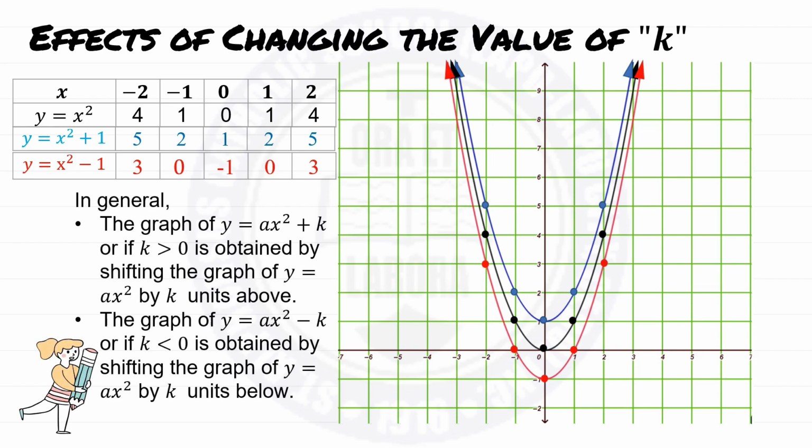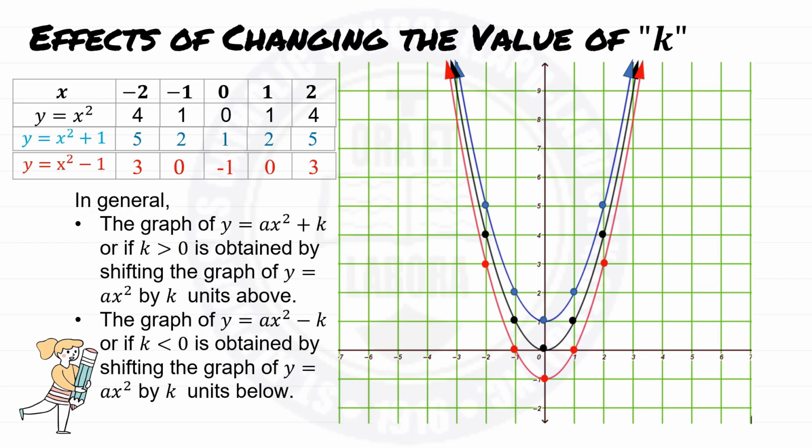In general, the graph of y equals ax squared plus k, where k is greater than 0, or where k is positive, is obtained by shifting the graph of y equals ax squared by k units above. Again, if the value of your k is positive, the graph of y equals ax squared is shifted k units above.